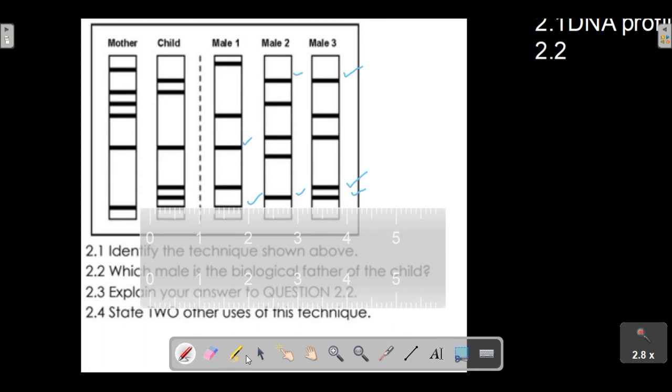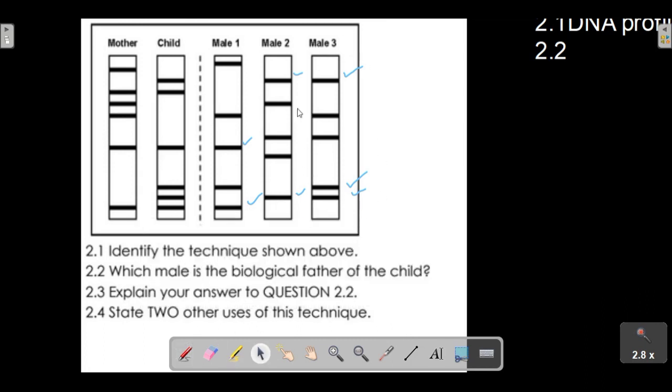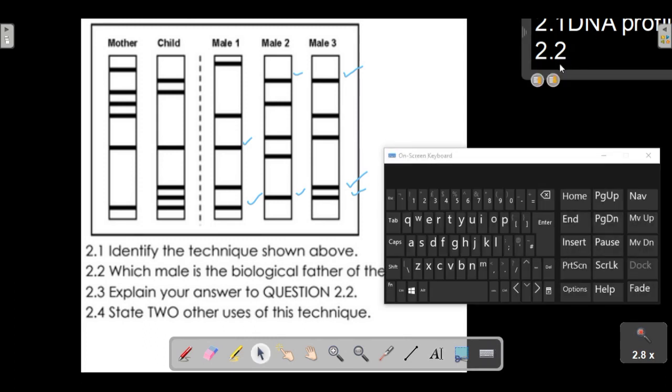We can say here that because male 3 has most of his bars matching with the child, male 3 is likely the biological father. I've already mentioned the reason there as well.